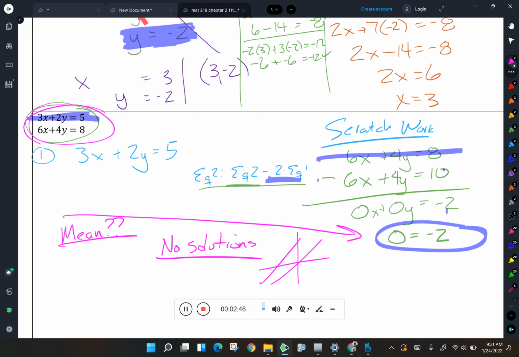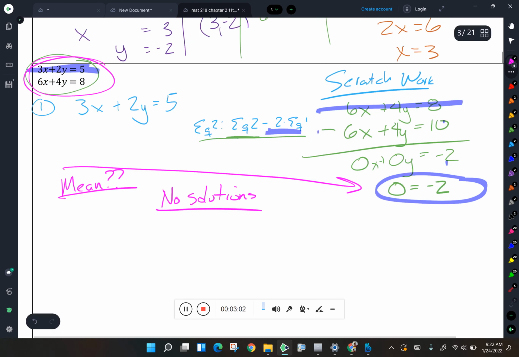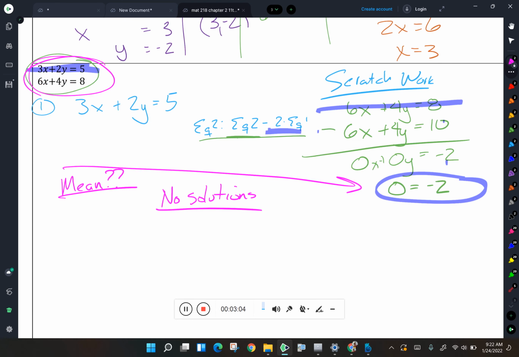That's what we're looking at here. If it was a higher variable system, and I got a gobbledygook answer like that, it would just mean that in that higher dimension, things were parallel. Our system has no solutions. So the answer here is that there is no answer. The answer is that our system has no solutions.